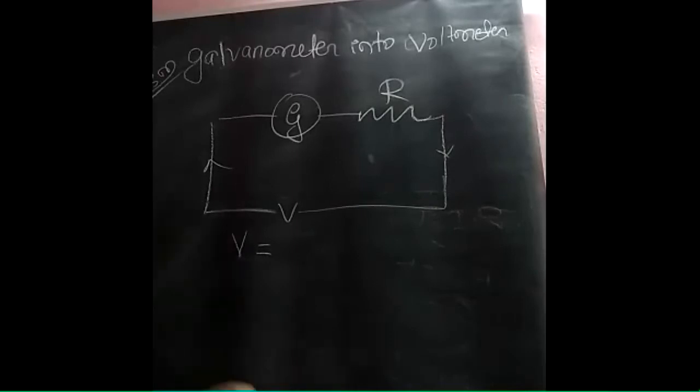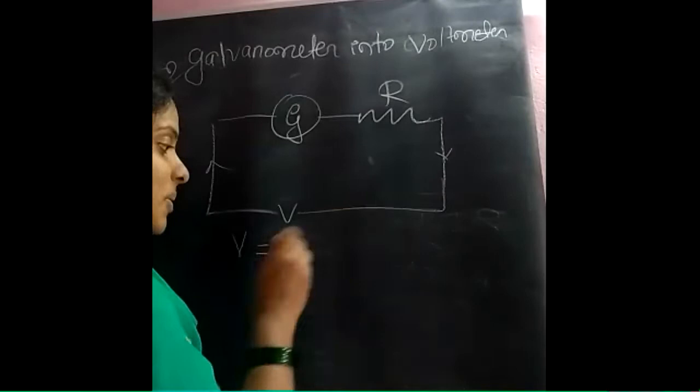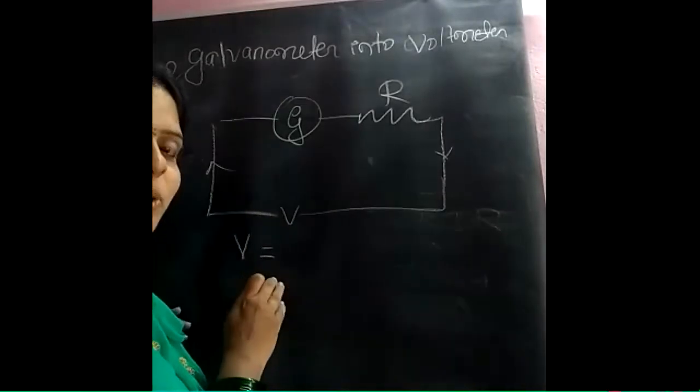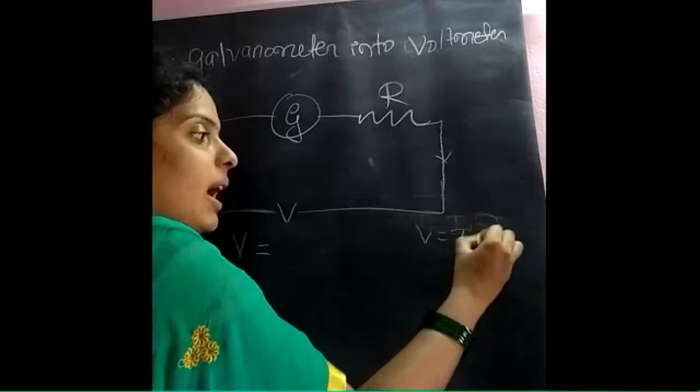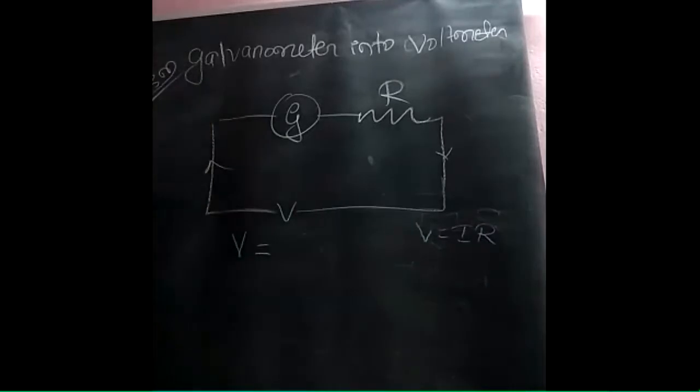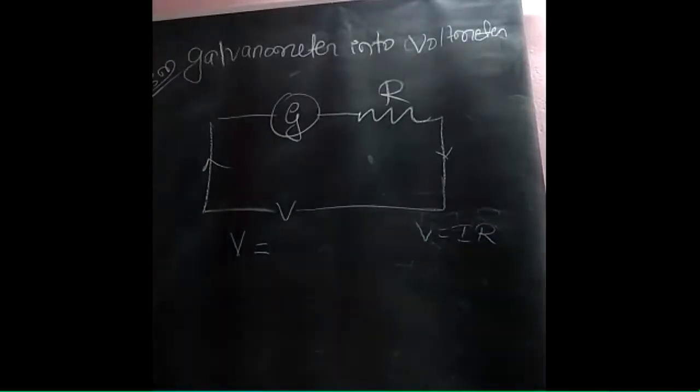Here V is equal to, our expression is V is equal to I into R. So what is I here?